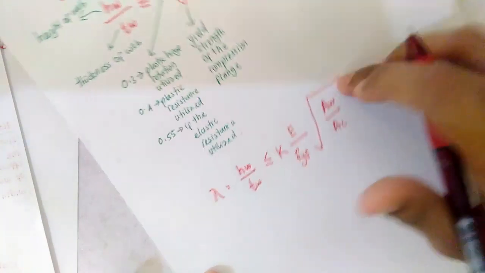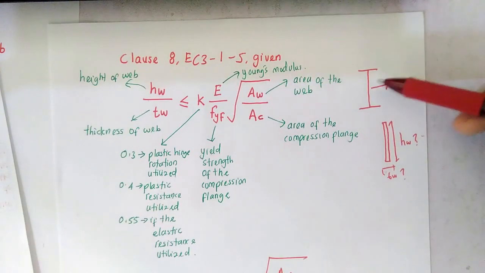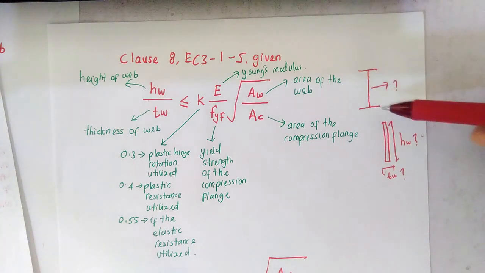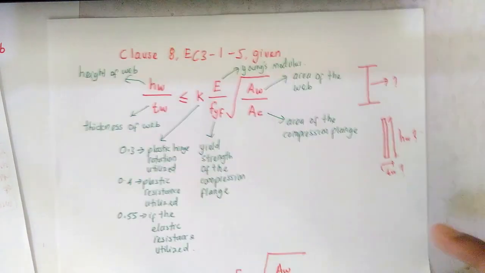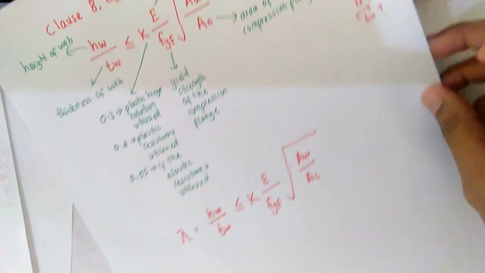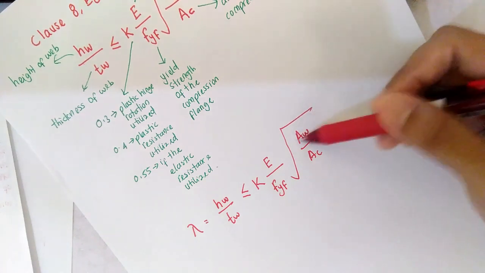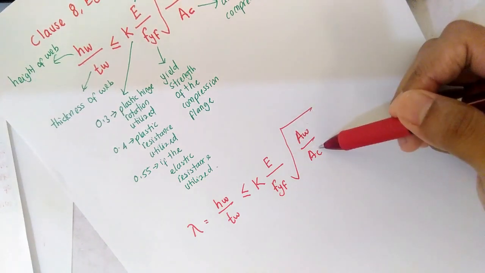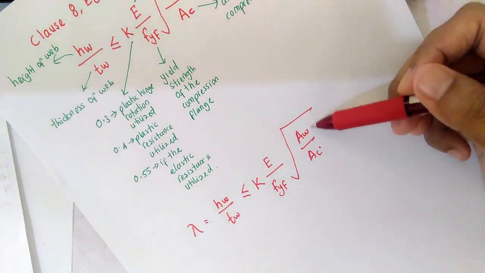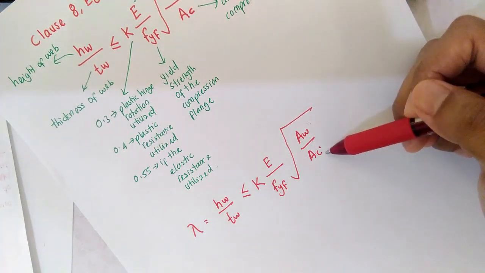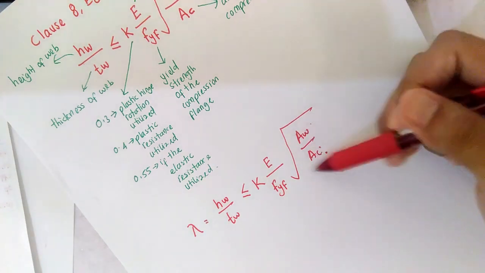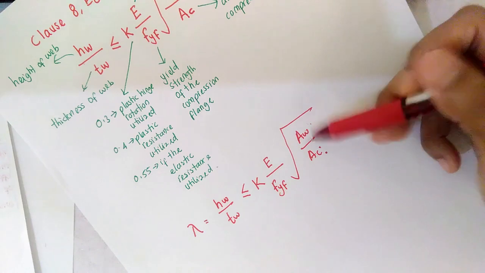But in this case, because you do not know the area of the flange and the area of the web, and you are now guessing the section sizes, you can say that the area of the web is equivalent to the area of your compression flange. Because they are equal, you can assume that this parameter equals 1.